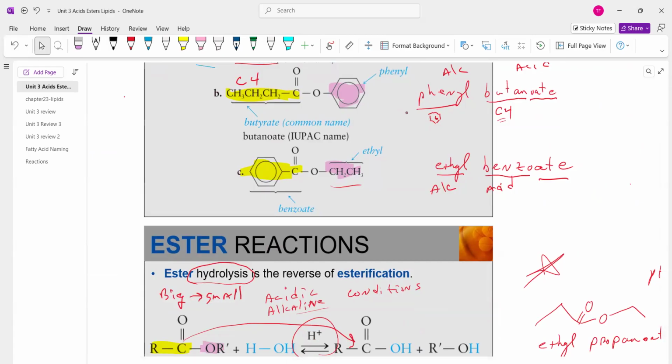So this next one here, part C. We've got a two carbon alcohol and an aromatic acid. So this is going to come from benzoic acid.